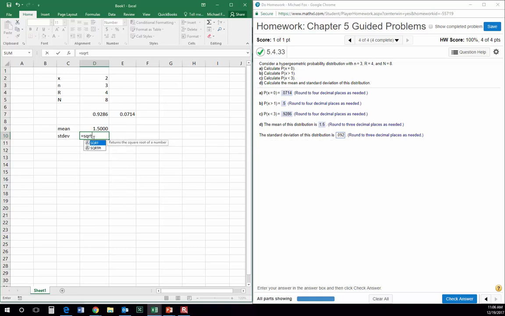So this is the square root of our little n times our big R. That's multiplied by our big N minus our big R. And that whole thing is divided by big N squared.